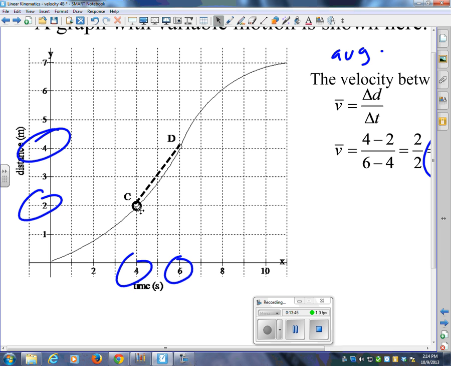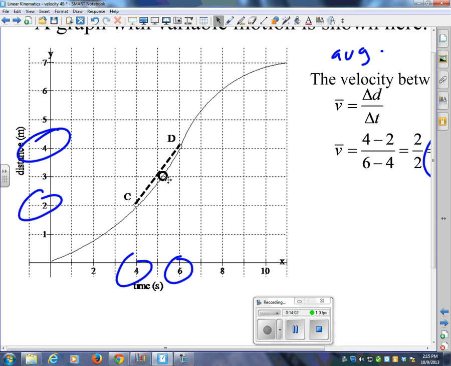No. Is it equal to 1 right there? No, not really. What about there? No, not yet. It's only right about here somewhere that the slope there matches the slope there, right?